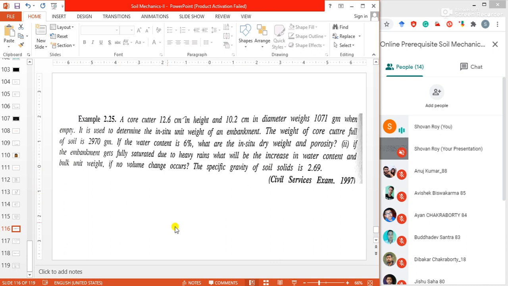Even these problems are very important for the GATE exam as well as any civil service or competitive exams. In soil mechanics, there are some special types of questions in the book by BC Punmia, where it is mentioned as examples from competitive examinations.